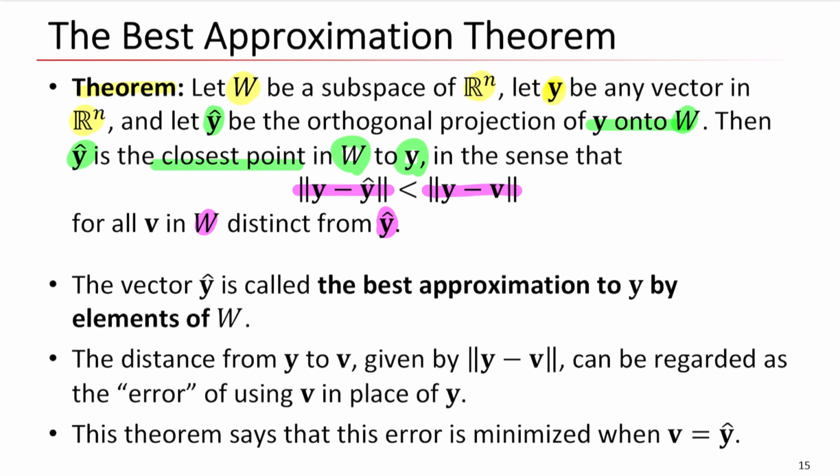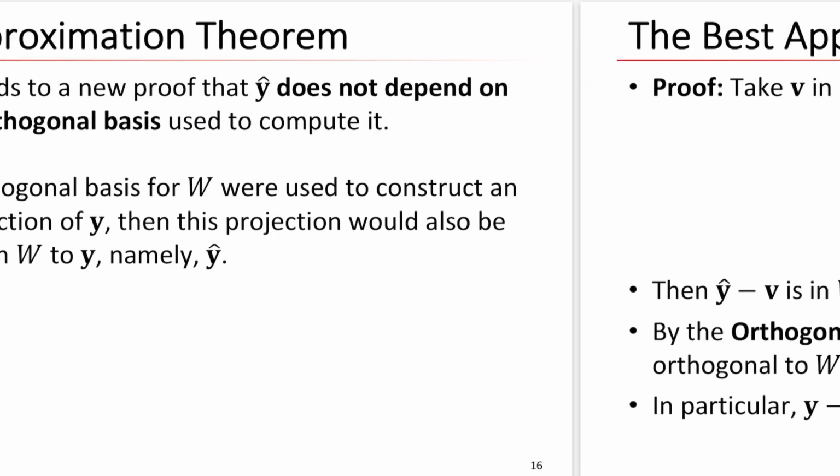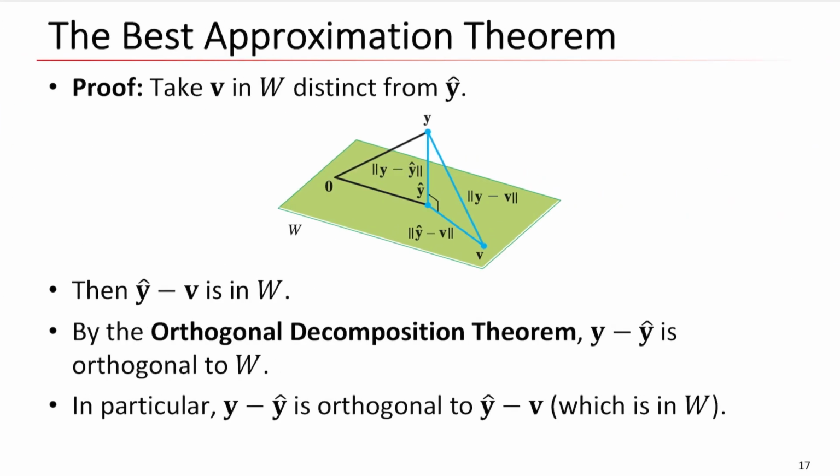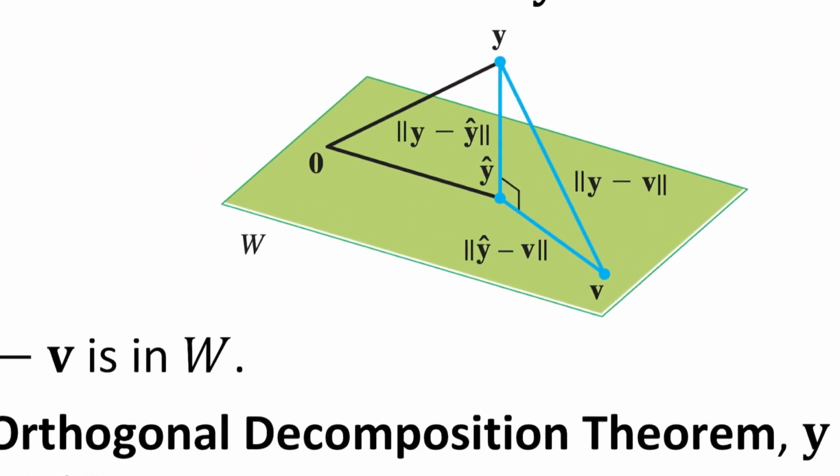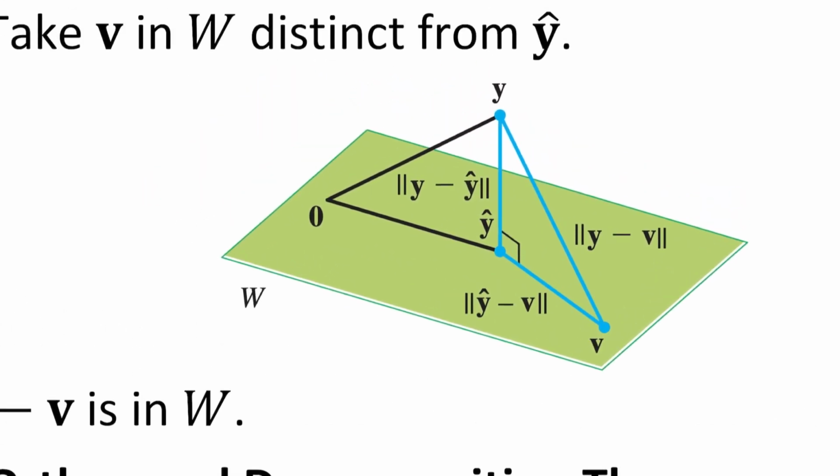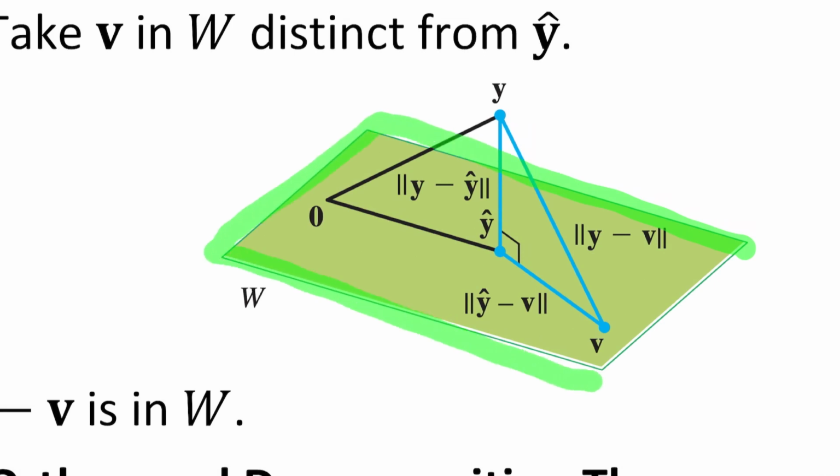So what is the meaning of this theorem? To understand it, let me show the figure first. Let's say there is an arbitrary subspace W here, and vector y here, right?